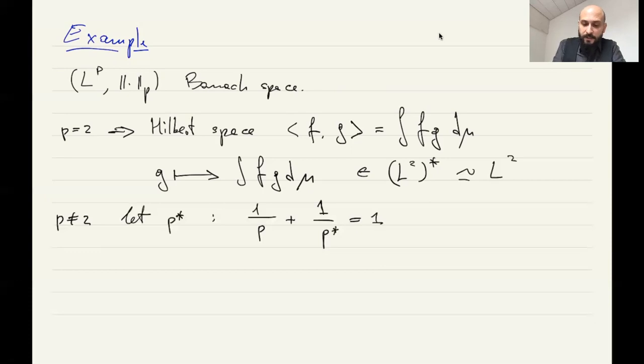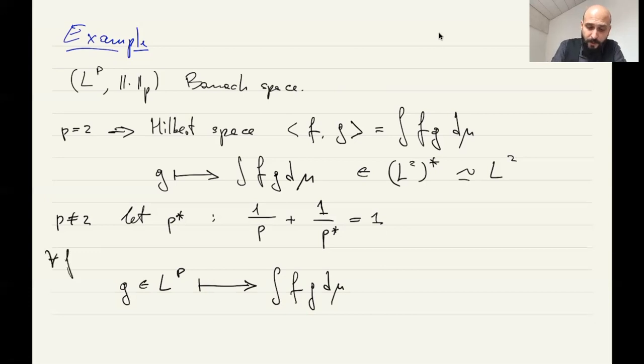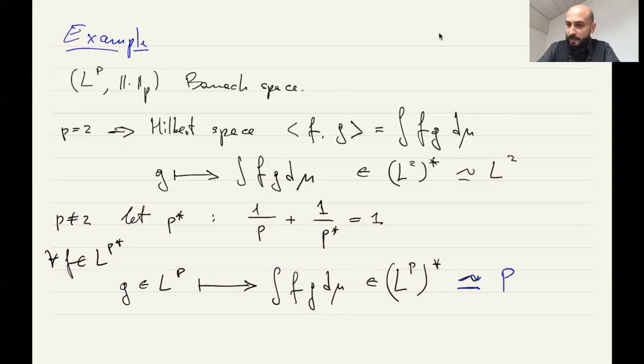What happens is that if g is in L^p, then we can integrate g multiplied by f, with f in L^p star. And this function will be well defined and will define an element of the dual of L^p. And therefore the dual of L^p will be canonically isomorphic to L^p star.